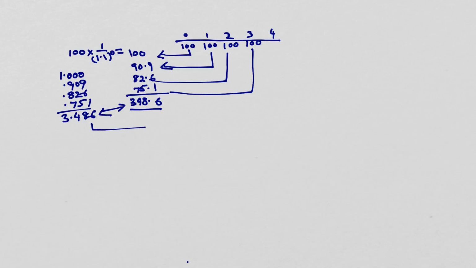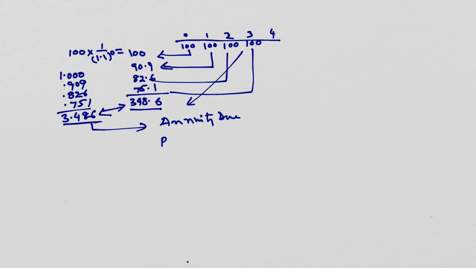Now, this is an example of annuity due. And this is the present value factor of annuity due.